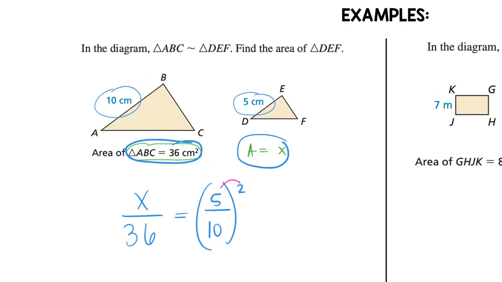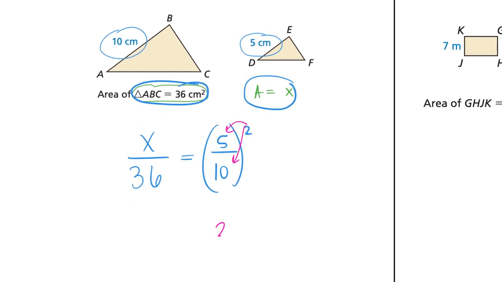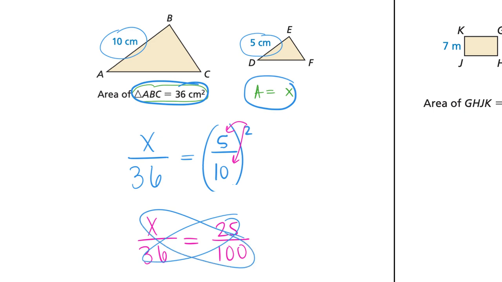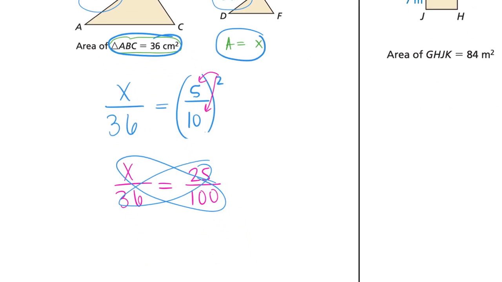You're just going to literally square both of these numbers. So that would turn into, let's see, 5 squared is 25, and then 10 squared is 100. So here's our proportion now, and now you could just cross multiply like we've been doing, and then you could solve for x. So that would give us 100x equals 900, and then you could just divide, so x is 9.